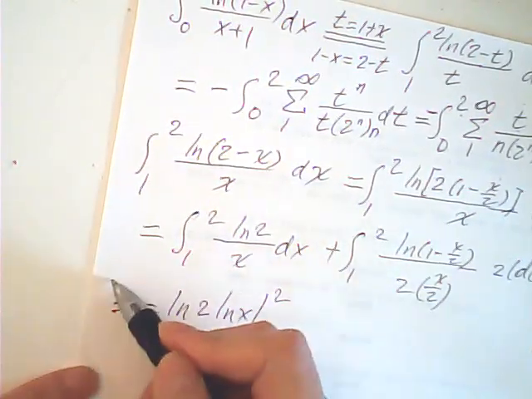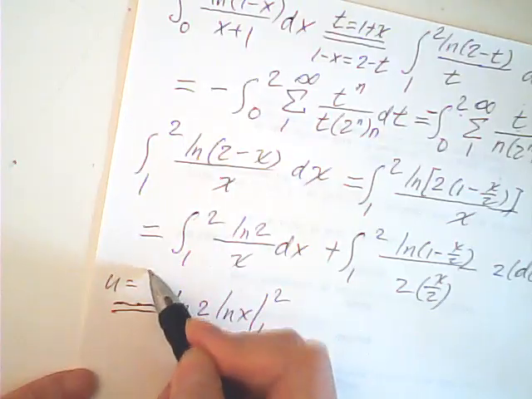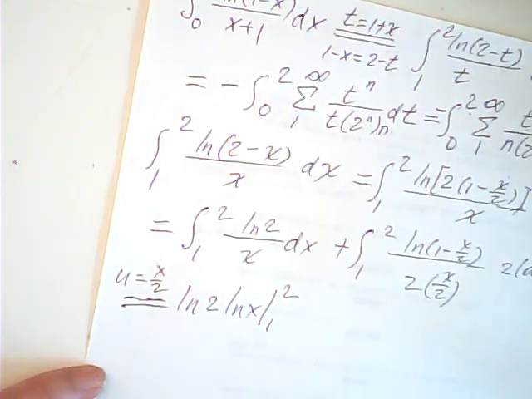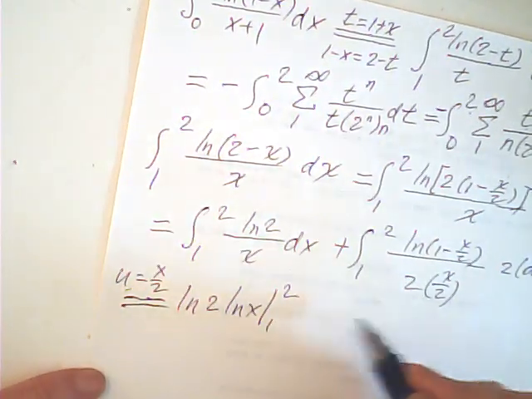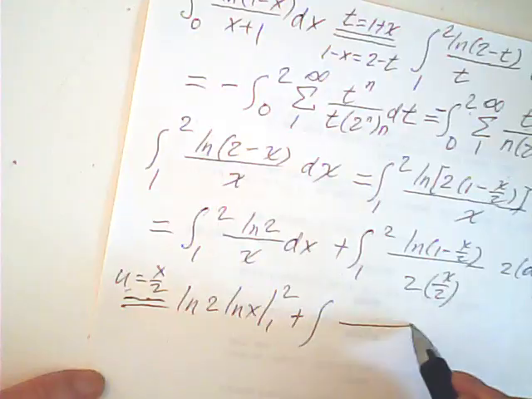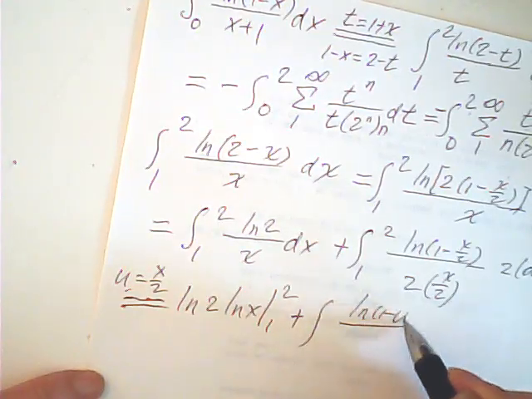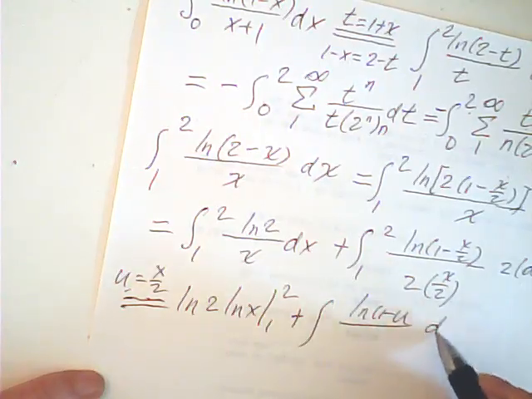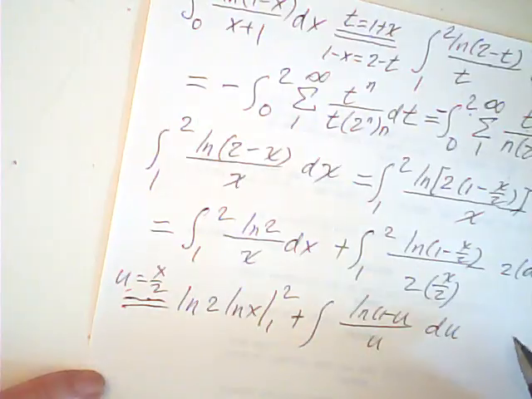Now for that one, I check u is equal to half x. Then this is log 1 minus u, right? The 2 cancels out. This is a du. This is a u, right?